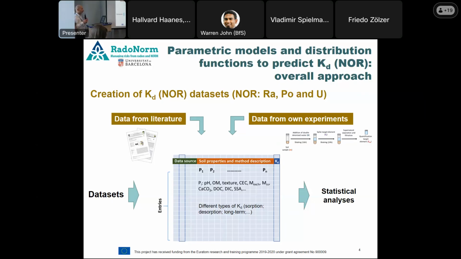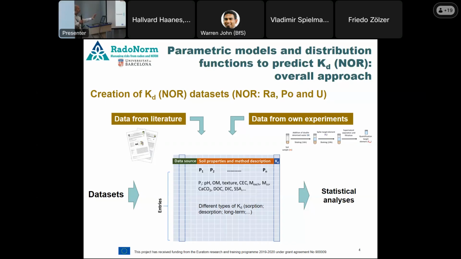Then we carried out sorption and desorption experiments using radium-226, polonium-210, and uranium-233. We weren't satisfied only with having this kind of own data set, but we wanted to extend it, gathering data from the literature in order to complete the range of soil properties covered by those different KD values. This is described in a milestone and another deliverable, which are accessible on the Barcelona web, but just to put it in context.